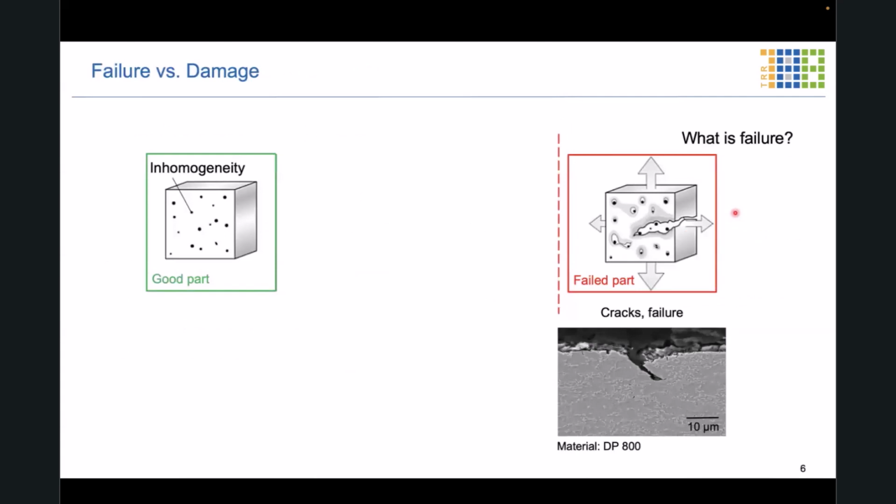Now, the first thing to address is the simple fact that damage is not failure. Failure in general is a situation in which a component or a system stops to comply with its service requirement, and very often failure is reached because of fracture of the component.